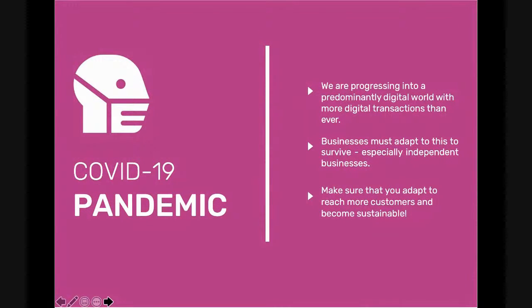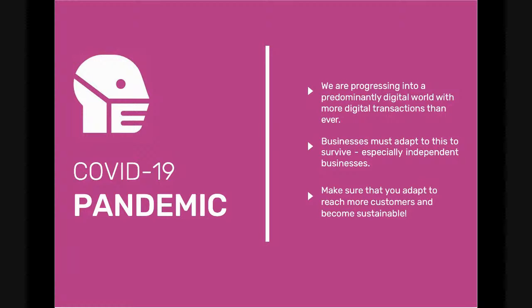Now, during the COVID pandemic, we have progressed into a predominantly digital world. So there are now more digital transactions than ever. And businesses have to adapt to this to survive, especially independent businesses. To give you an analogy, if you had a physical shop, which your website mainly is now because of the digital transactions, you wouldn't put an obstacle course in front of the door, would you?